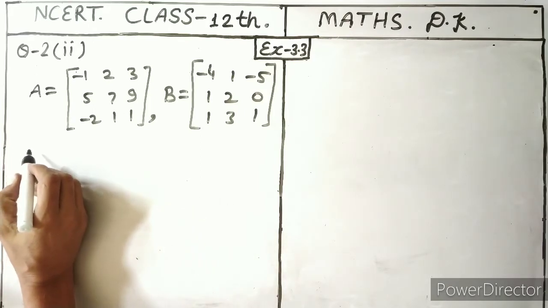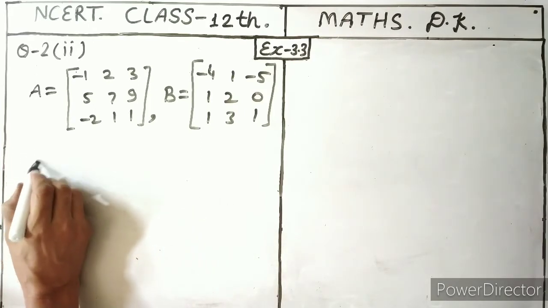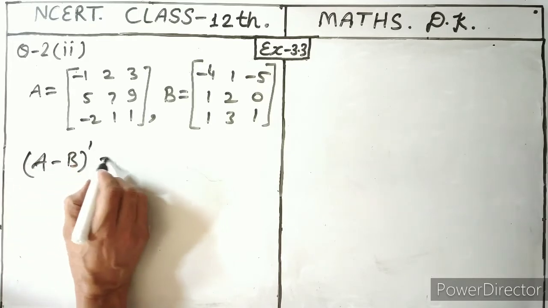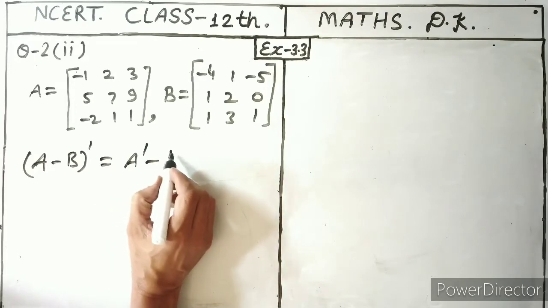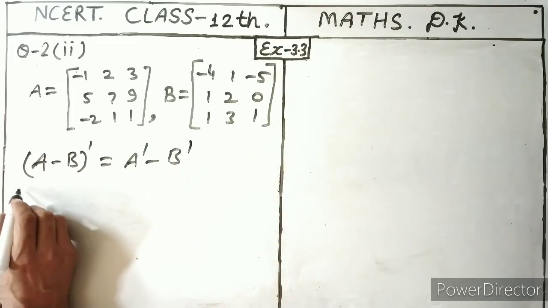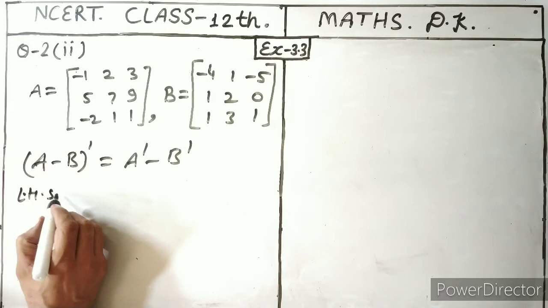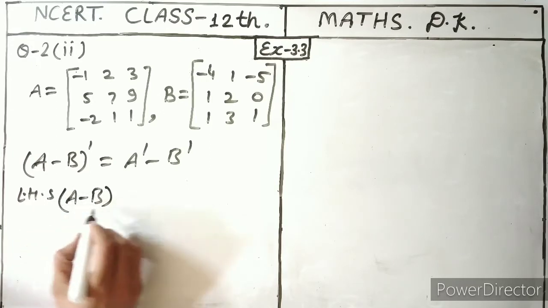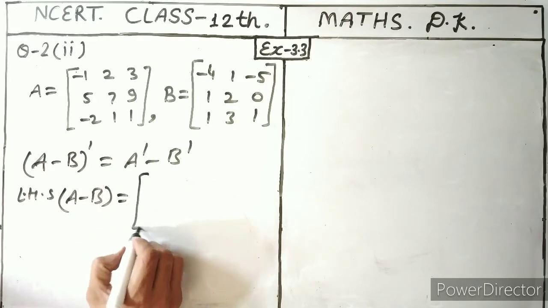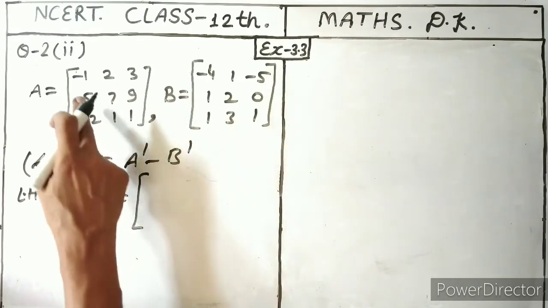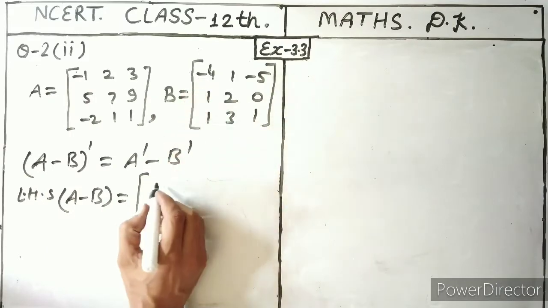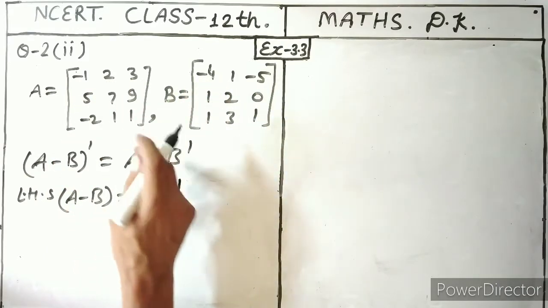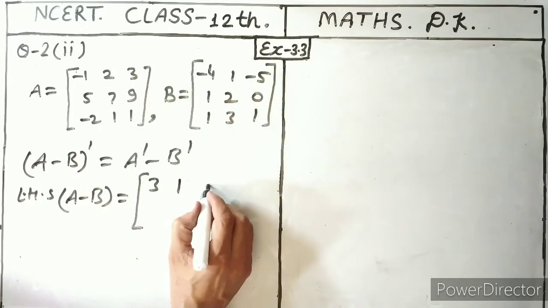In second part, we verify that transpose of A minus B equals A transpose minus B transpose. Now left hand side. At first we find out A minus B. A minus B is -1 plus 4, 3, 2 -1, 1, 3 plus 5, 8.